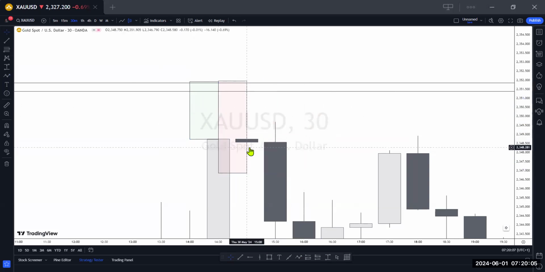When they drove price lower enough, buyers came back and drove price up a little bit, which gave us this wick on the sell candle. So this is a bearish engulfing.